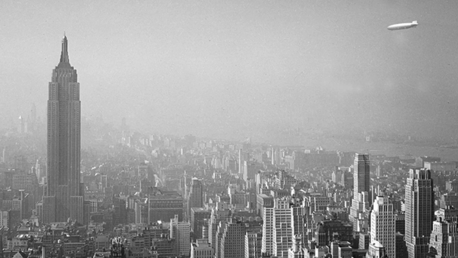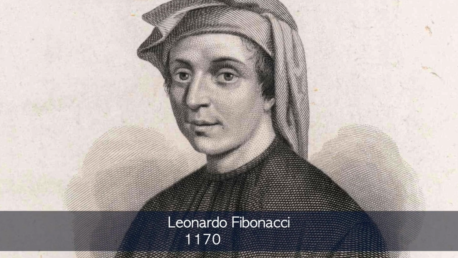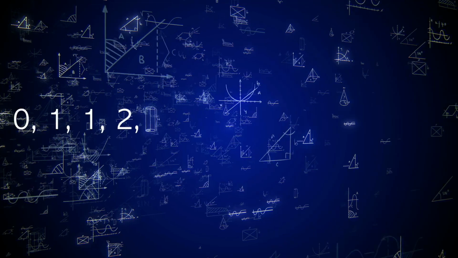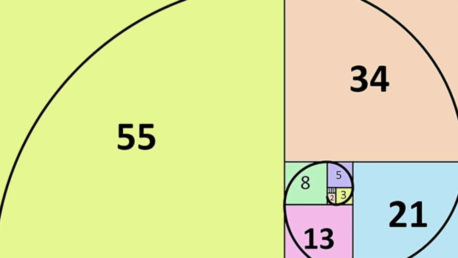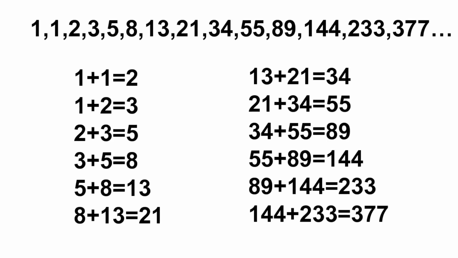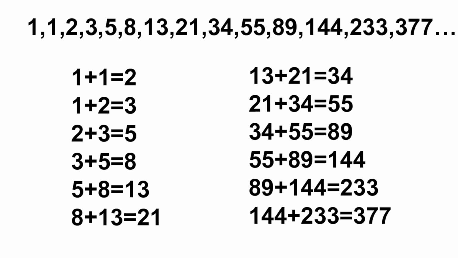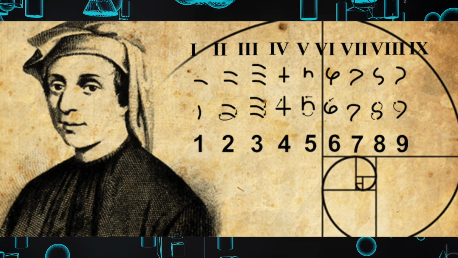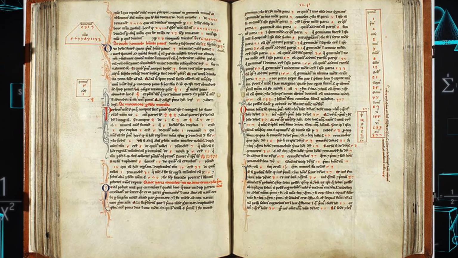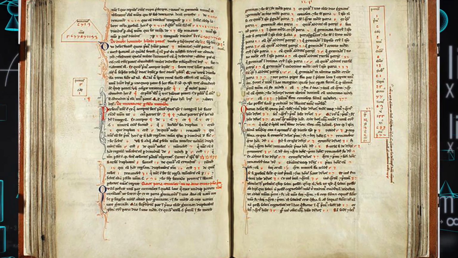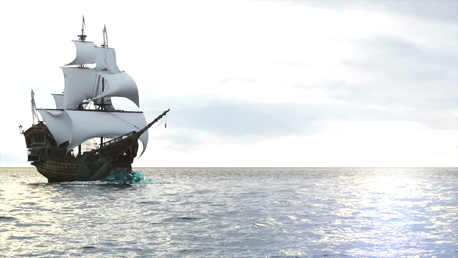In the 1200s, Leonardo Fibonacci created the Fibonacci sequence, which is the golden ratio laid out into a series of numbers where each number is the sum of the two preceding numbers. Leonardo Fibonacci was only teaching what he learned after his travels to the Middle East and North Africa, while Leonardo travelled as a merchant.